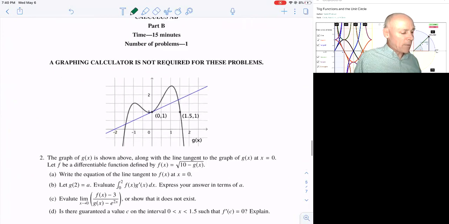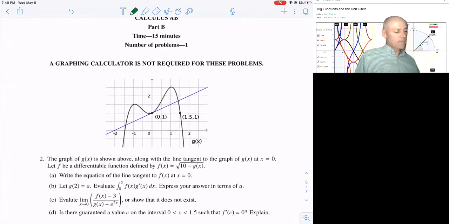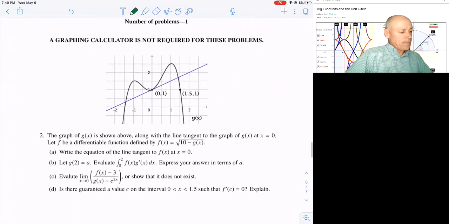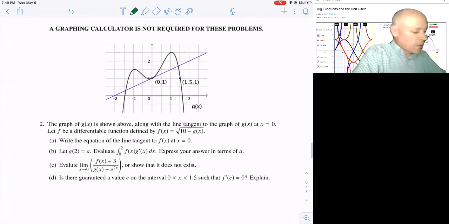All right, now we get to kind of a more FRQ, like the length that we were used to working all year long. So we're given another graph. The graph of g(x) is shown above, along with the line tangent to the graph of g at x equals 0. Okay, so that's the blue line, that tangent line.